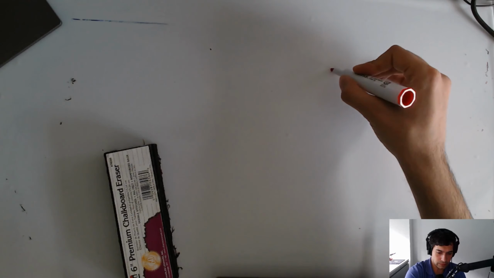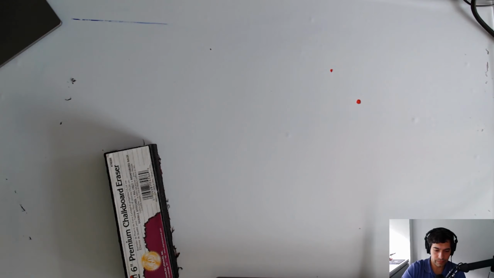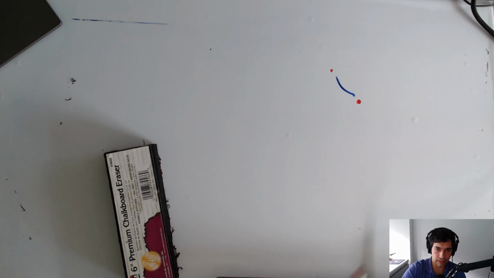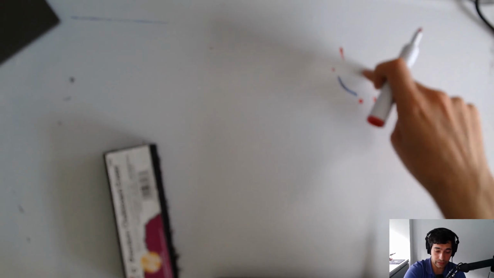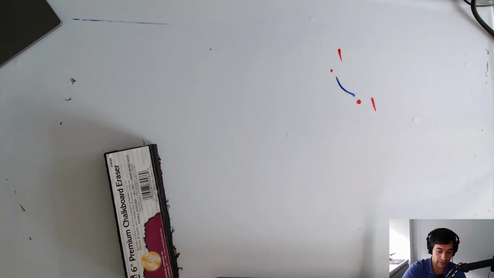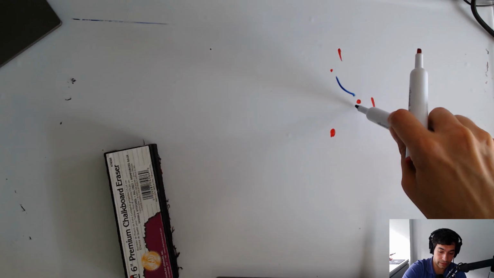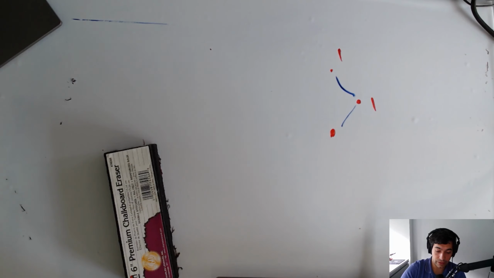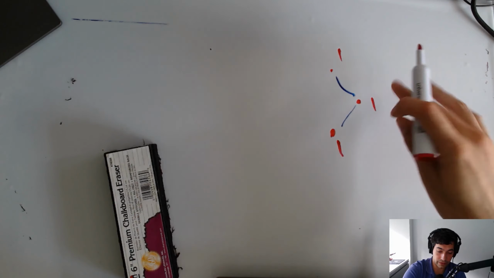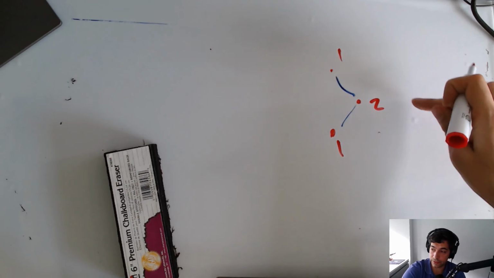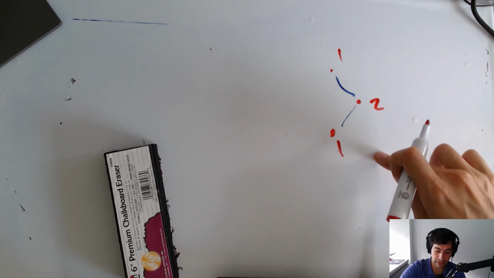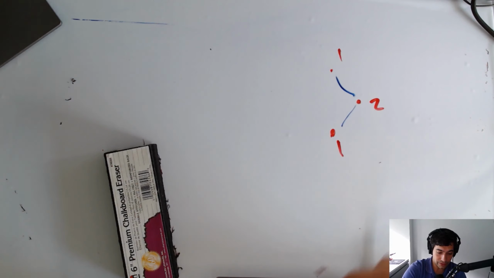So if I have 2 nodes, then I can draw an edge between them. And the sum of the degrees of these nodes, we've got degree 1 and degree 1, the sum is 2. Okay, and if I add another node and another edge, now the degree of this is going to be 1, the degree of this is going to be 2, and the sum again, 1 plus 2 plus 1, it's going to be 4. That's an even number.